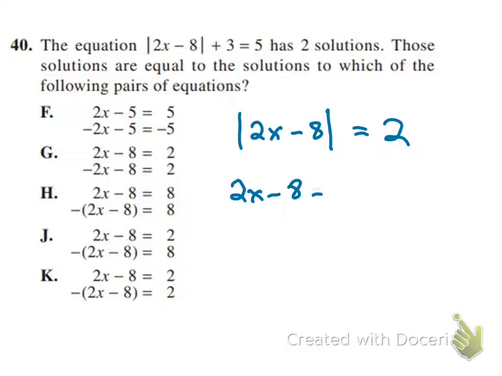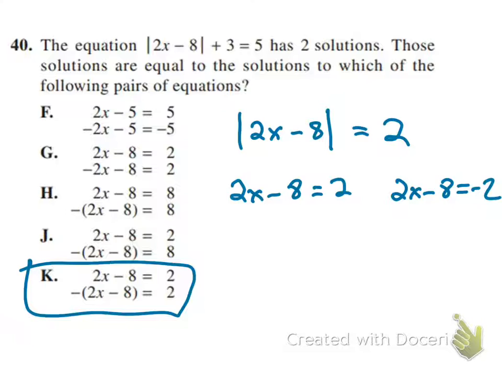2x minus 8 equals 2, or 2x minus 8 equals negative 2. That's exactly right. It's K. Here's what they did that's kind of different, right? They moved the negative to this side of this equation.